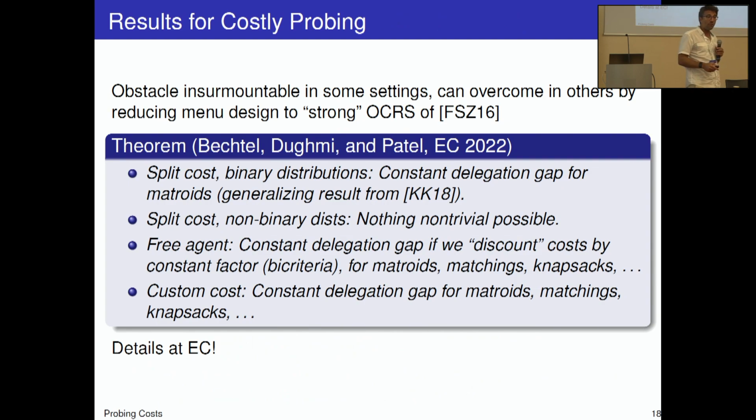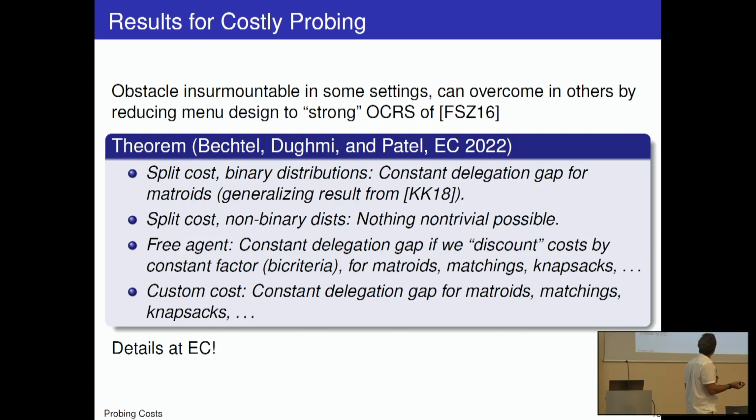This is an obstacle. It turns out to be insurmountable in some settings, surmountable in others through additional tricks. What we do is a bunch of work to reduce this problem in some cases to the strong contention resolution schemes of Feldman, Svensson, and Zenklusen, and we get this menu of results for our various models. In the split cost setting, we get fairly nice general results for distributions that are binary.